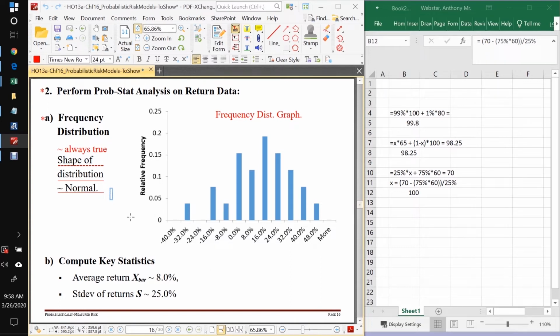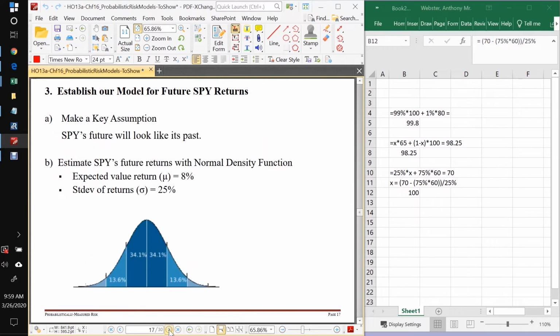So once we say that, we can go ahead and numerically compute our key statistics for the historical data. I've gone ahead and done that for us, and I found our average return. X bar is, of course, for our sample data. Our average return was about 8%, and our sample standard deviation, once again, was about 25%.